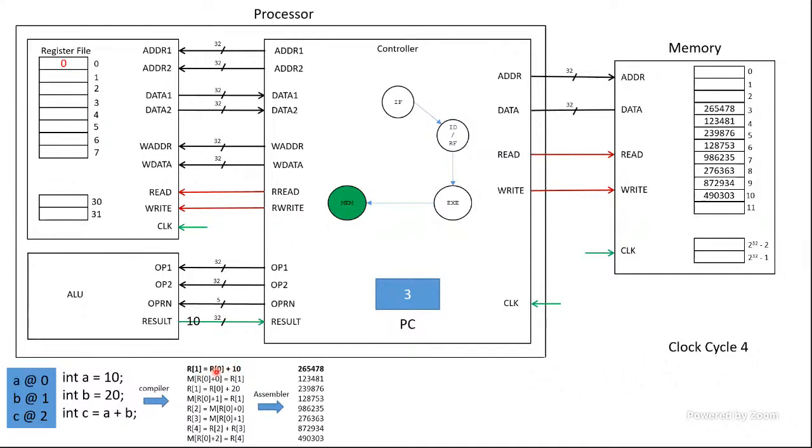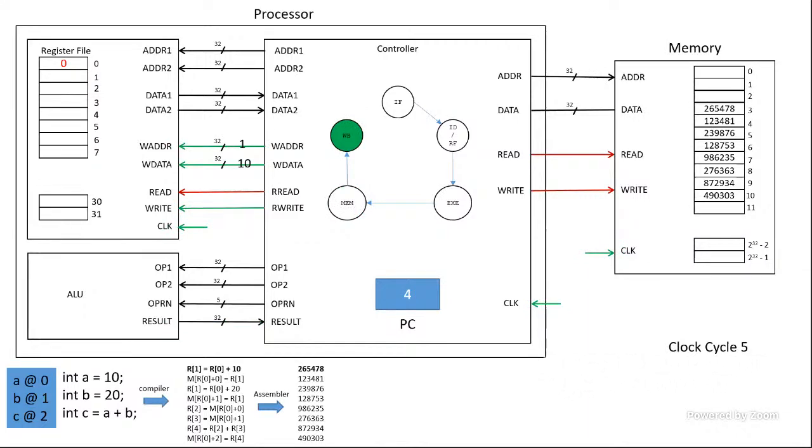I'm reading from one register, adding something, and want to send that result back into another register. So nothing happens in this state. It still goes into that state, but the memory is in no-op mode, the register is in no-op mode. The clock goes low, nothing happens.